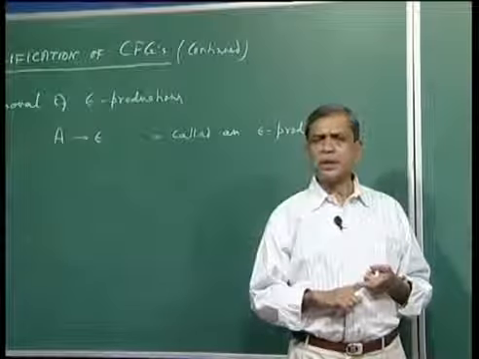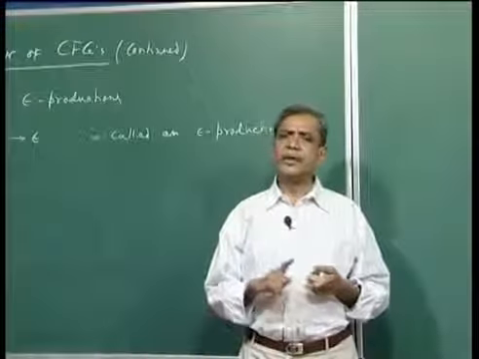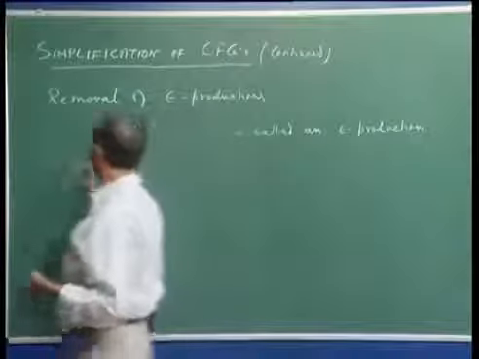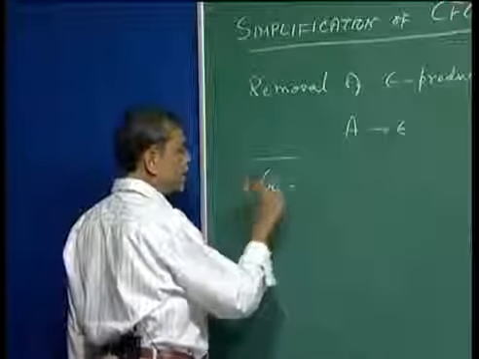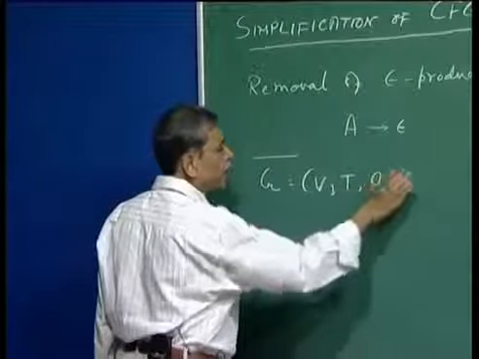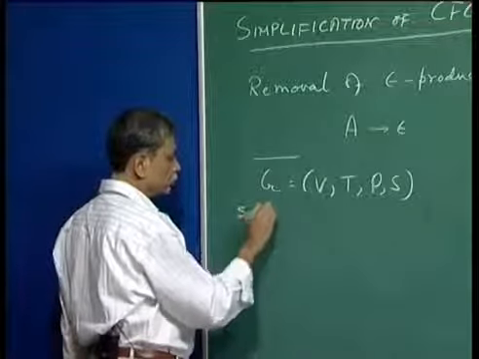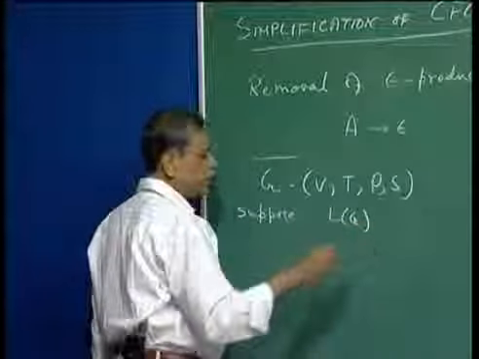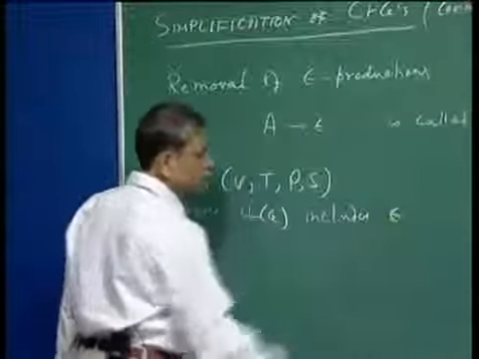Now, suppose the old grammar G generated the string epsilon itself. So, suppose I had a grammar G, V, T, P and S, and suppose LG includes the string epsilon.